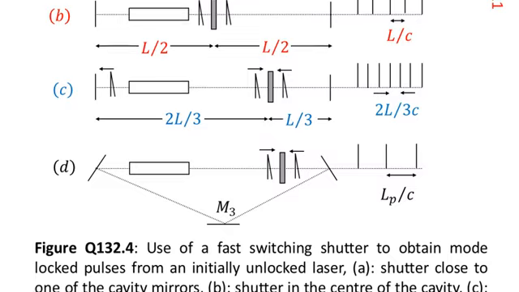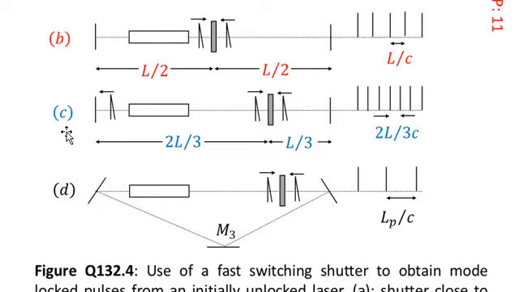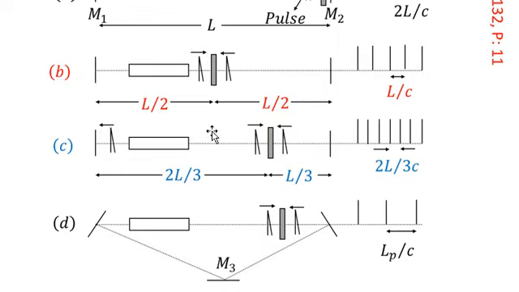So if you obtain a laser from the condition shown in number 3, then of course the separation between the pulses in time will be equal to 2L divided by 3C. And you see that here three pulses are present.